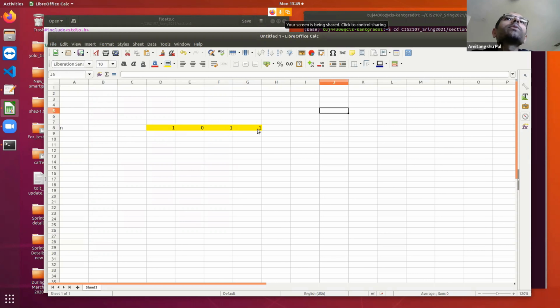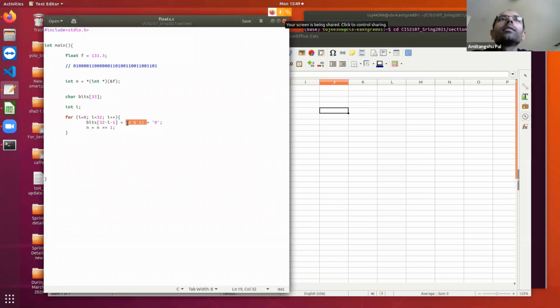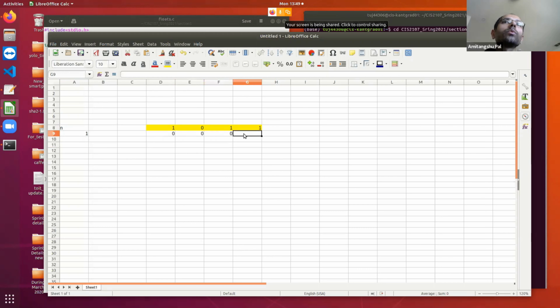So suppose I want to extract these bits. I'm taking bitwise and, and then after every step, I am basically right shifting by 1 bit. If I take bitwise and with 1, 1 means 0, 0, 0, 1. So 0, 0, 0, and then 1 and 1 is 1. So ultimately, you will get 1.